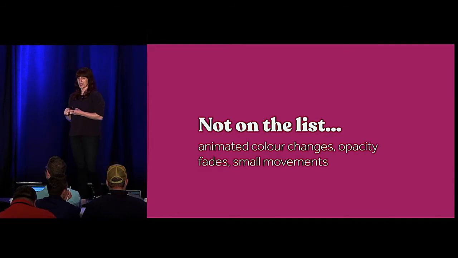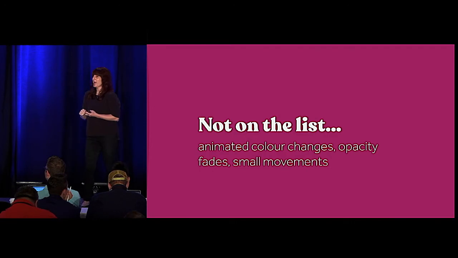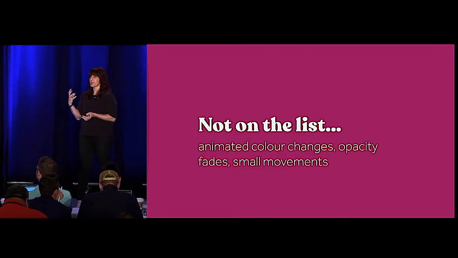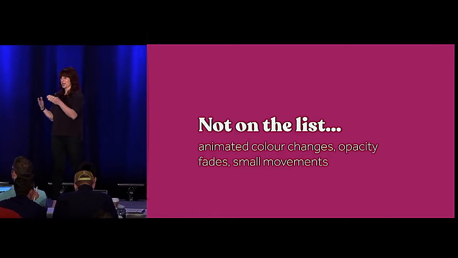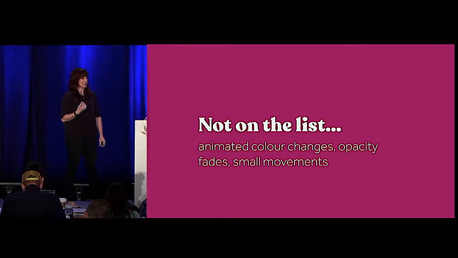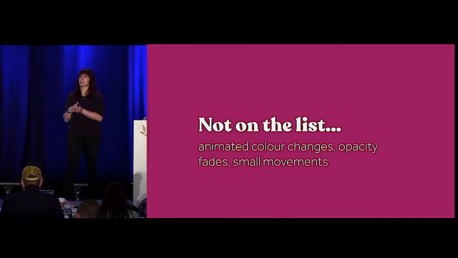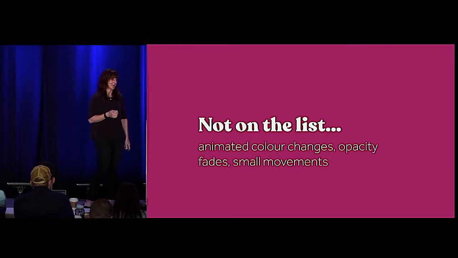If you have an interface with some components that have some animation to them, it's probably things like button fades or color changes or opacity changes or very small movements. So I find that a lot of the most common stuff we do maybe doesn't even cross that threshold into being potentially triggering. And I think it's really important to keep in mind that there is a designation between animation that's potentially triggering and stuff that is not.